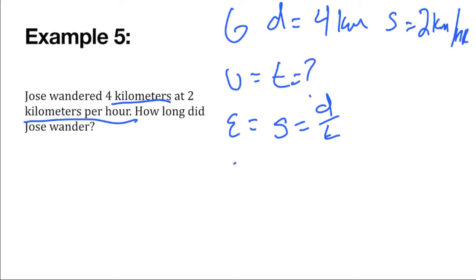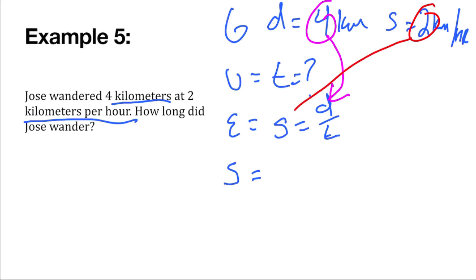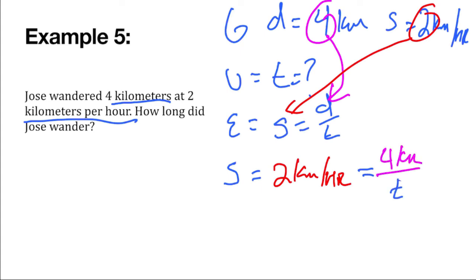All right, so again, substitute our values in. Distance is going here, and my speed of 2 is going over that way. Sorry for the crisscross there. So we have a speed of 2 kilometers per hour equal to 4 kilometers over time.